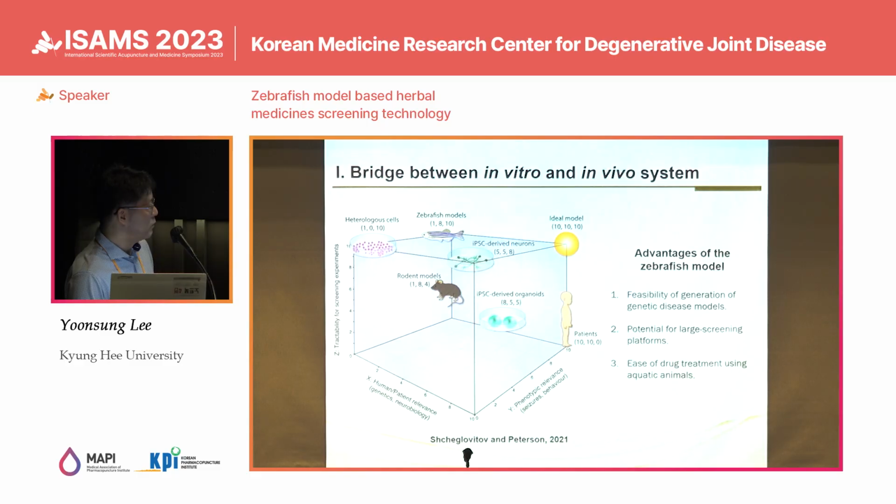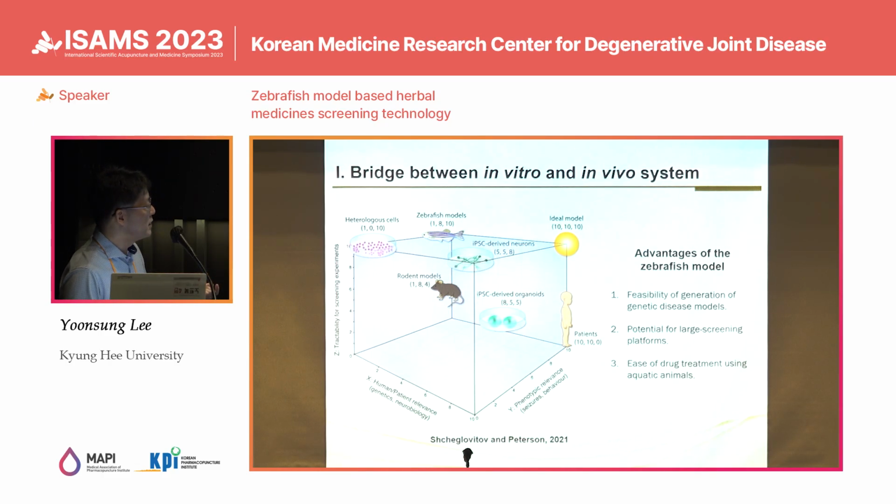For example, they evaluated those systems based on human relevance, phenotype relevance, and tractability, which means ease of screening experiments. Human patients themselves should be the ideal model to do studies, but it's impossible to do screening experiments. That's why they score a 0 for tractability.